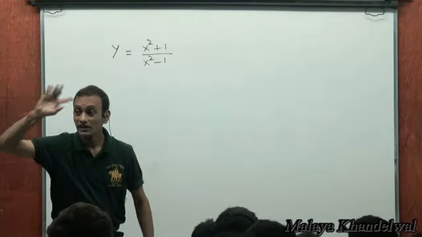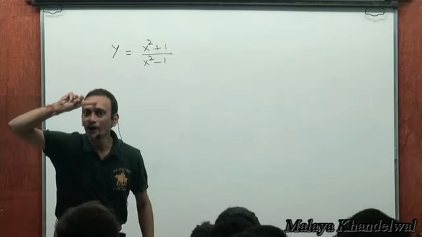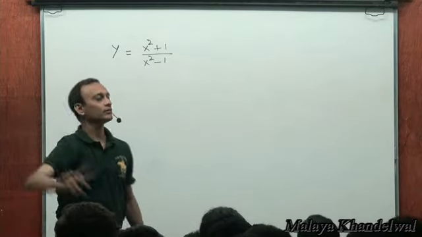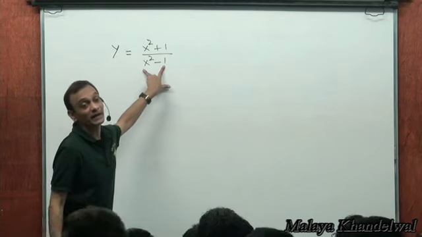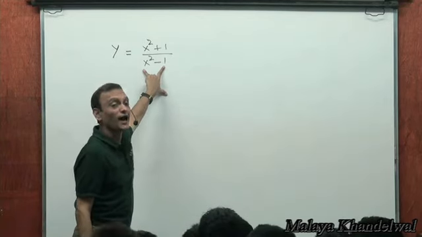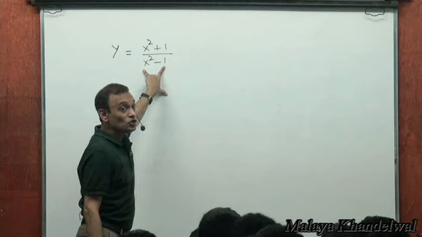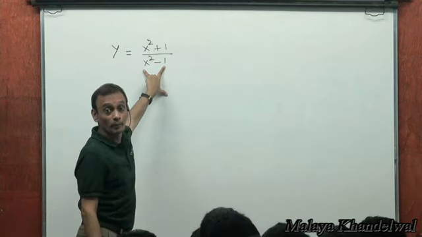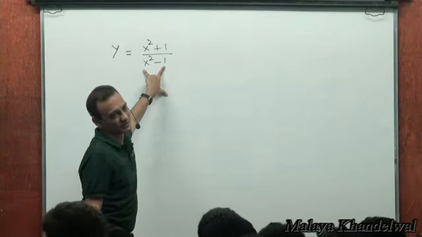In this case, one readily available thing is that x minus 1 and x plus 1 appear as factors in the denominator. So x equal to 1 and x equal to minus 1 are two vertical asymptotes. Yes or no?